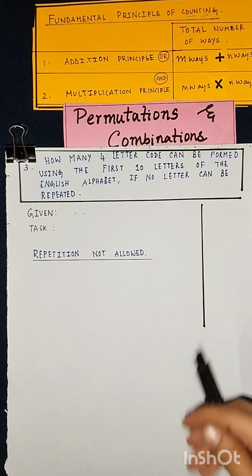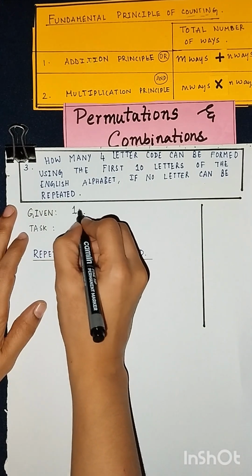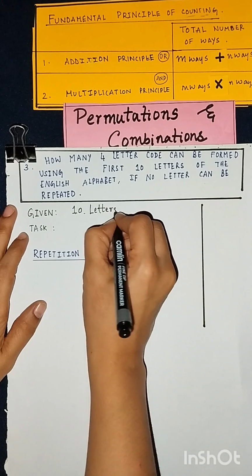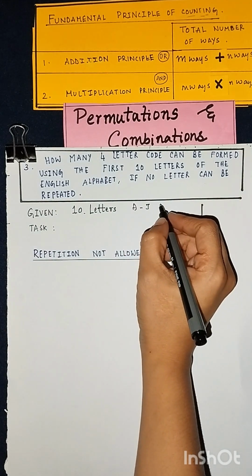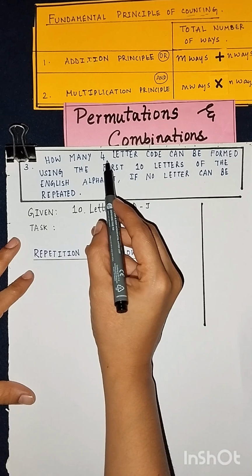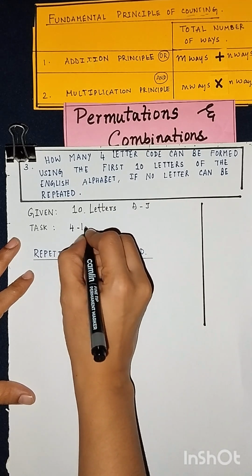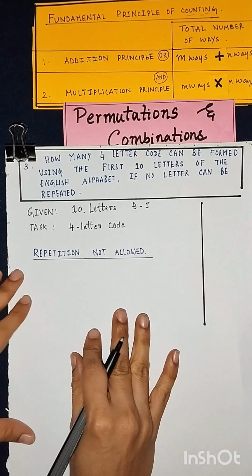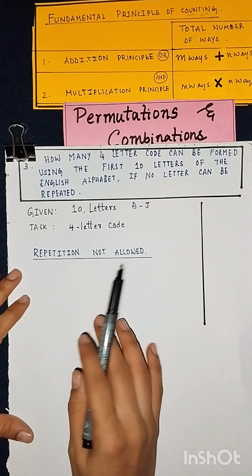They have given 10 letters to us, 10 letters of the English alphabet, from A to J. Now the task is we have to form a 4-letter code, using these letters, and the condition is the repetition is not allowed.